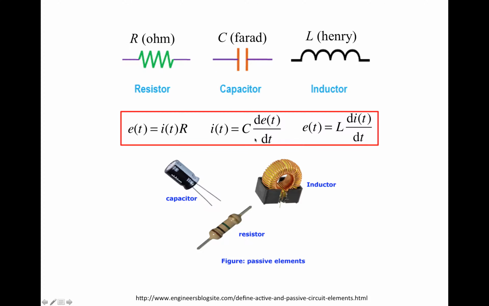If you look at these two equations, here it's dE over dt, the voltage over dt, but here it's di over dt, the current over dt. So the voltage across the inductor is proportional to the rate of change of the current flowing through it, with the constant of proportionality given by the so-called inductance L.